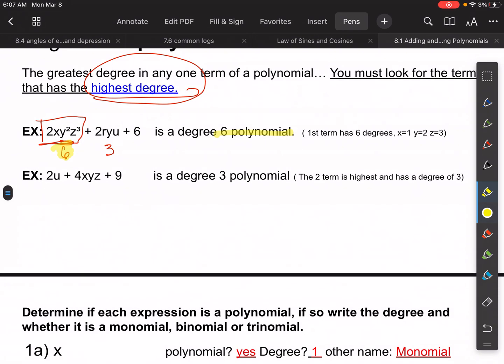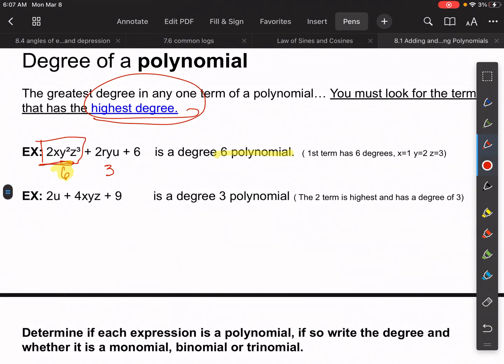Okay. And then the second one, notice this one's not in order here. For the second one, this is degree 1 for this monomial. This one's degree 3 for this monomial. And so this one has a degree 3 because the highest one is actually the second term, and it has a degree of 3. So if I was going to write that second one in standard form, I'd want to put the degree 3 out first.